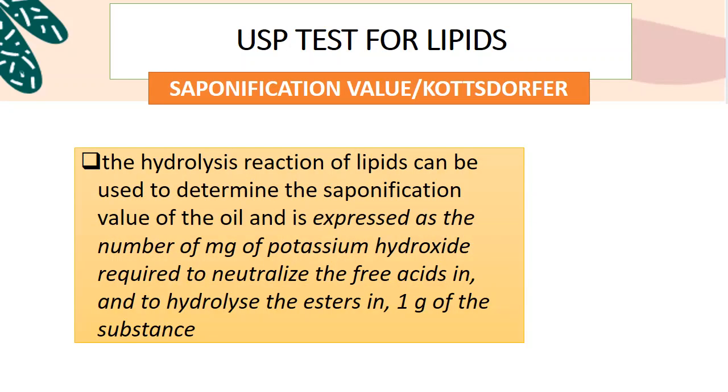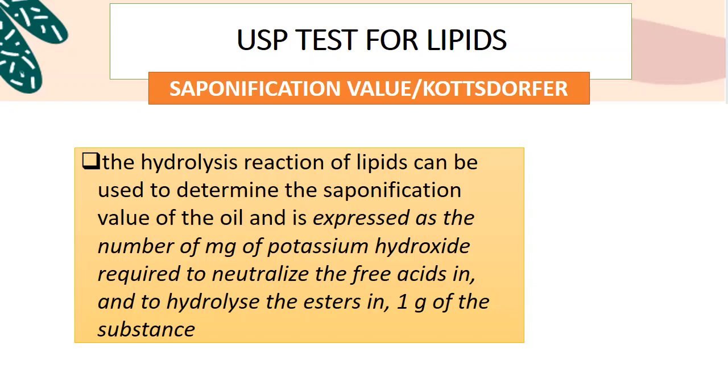Another test for lipids we have here is your saponification value, or what is called the Koettstorfer number. The saponification value is expressed as the number of milligrams of potassium hydroxide required to neutralize the free acids and to hydrolyze the esters in 1 gram of the substance.